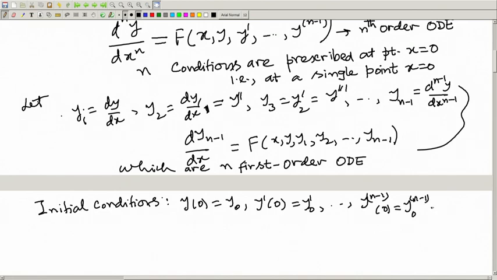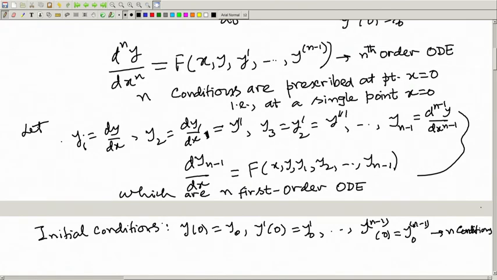So, these are the n initial conditions. N conditions are prescribed to solve this nth order ordinary differential initial value problem.